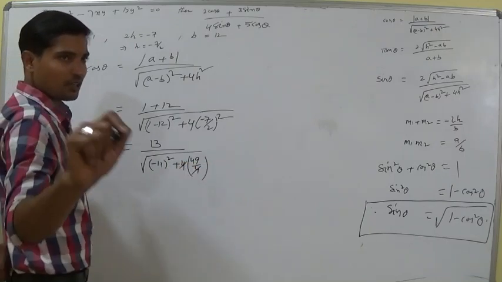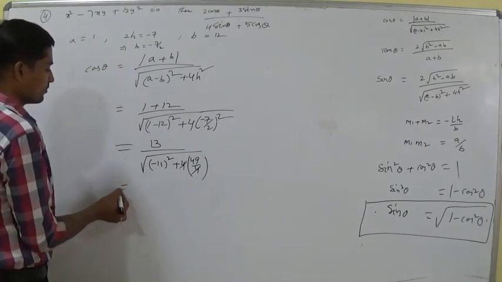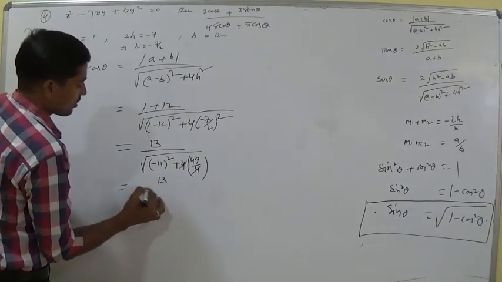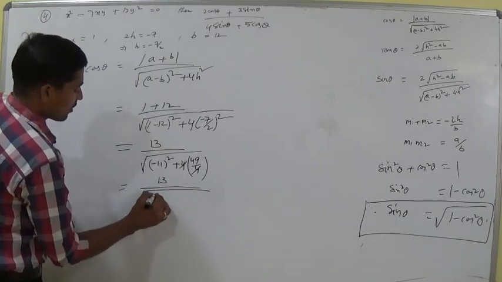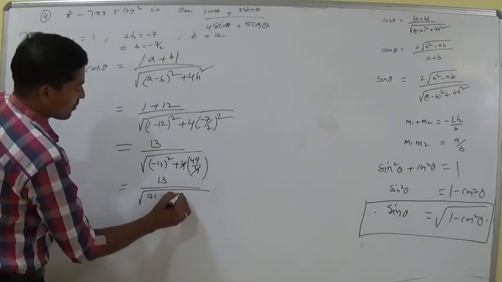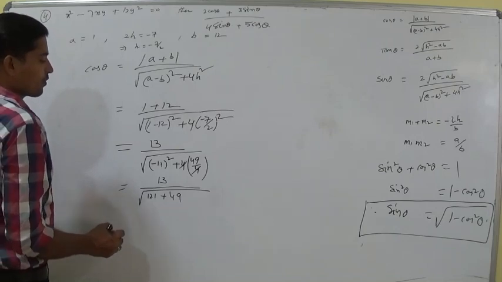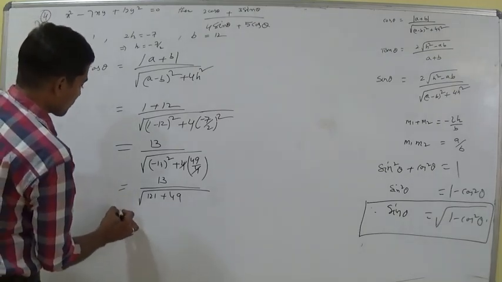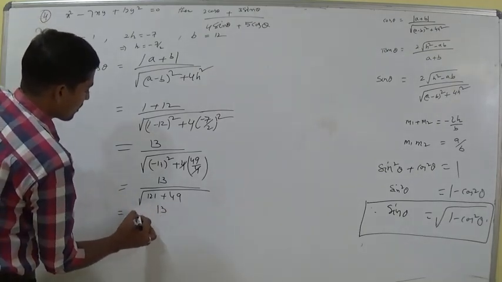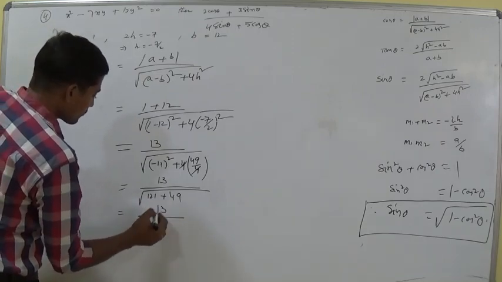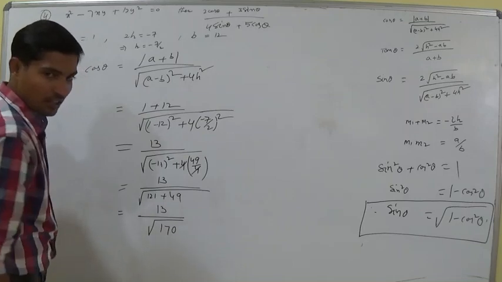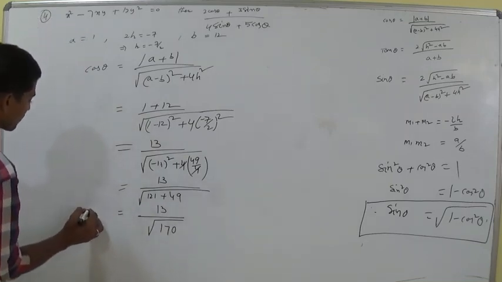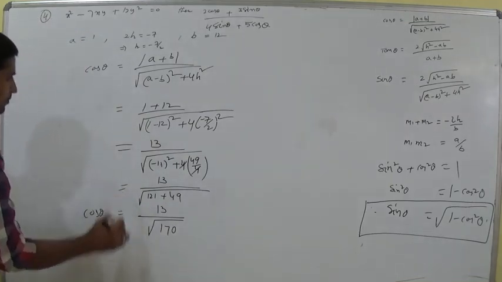The 4 gets cancelled. So 13 by square root of 121 plus 49, which is equal to 13 by square root of 170, right? That is the value of cos theta.